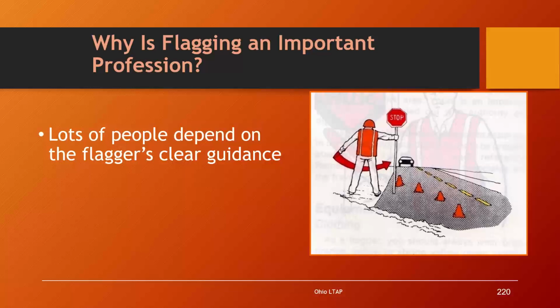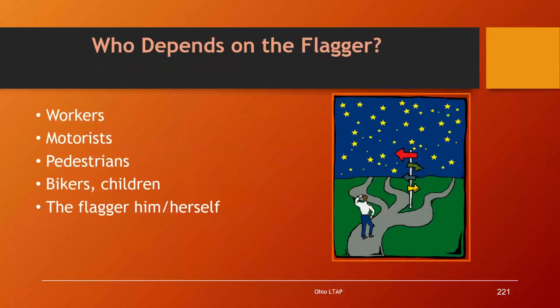And we know that lots of people depend on the flagger's clear guidance. So who are these people that depend on the flagger? Well, of course, our road crew out there, the workers, and of course the motorists. And you might be flagging on a 2-lane street that might be more urban than rural, so you might have pedestrians or bicyclists or even some school kids running around.